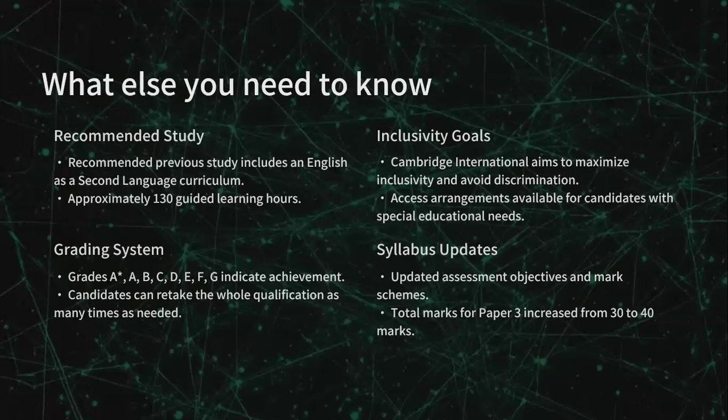If we talk about the inclusivity goals, Cambridge International Examination aims to maximize inclusivity and avoid discrimination. English is taught as a first language, and we are second language speakers of English.